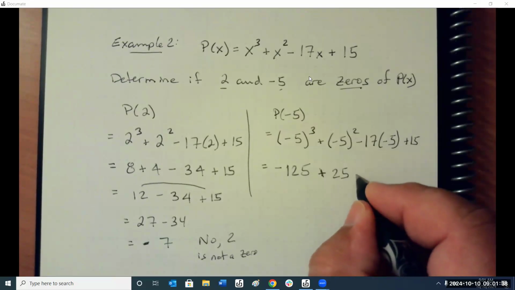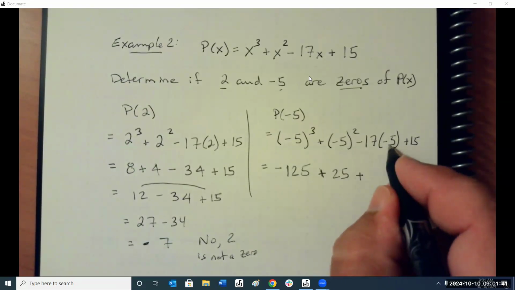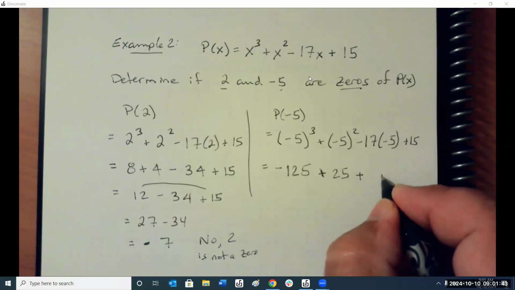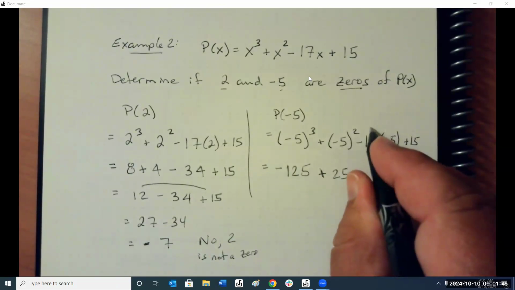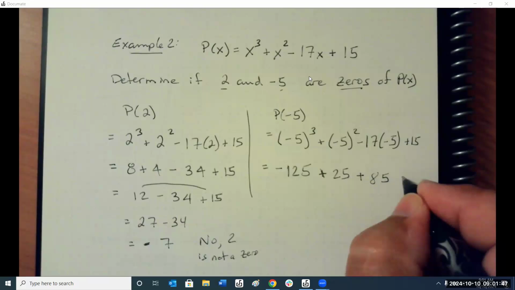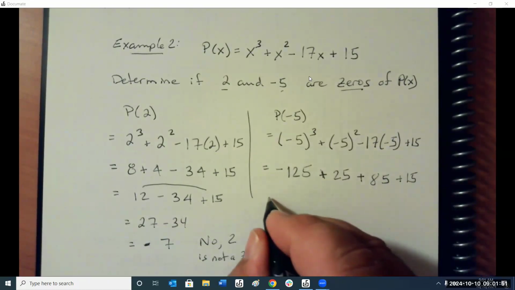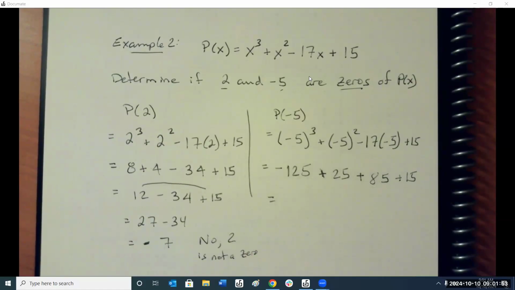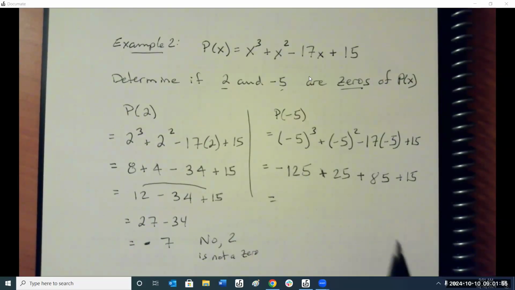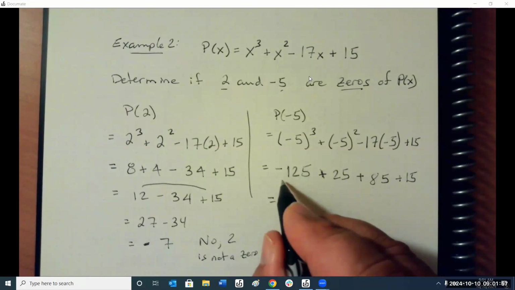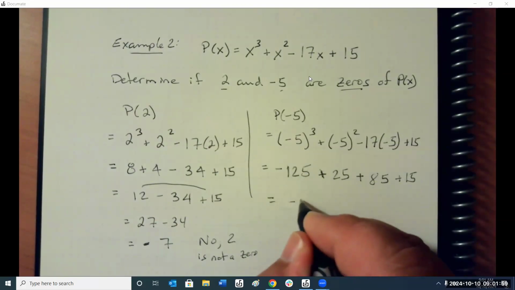Negative times negative is a positive. 17 times 5 is 85, plus 15. Negative 125 plus 25 is negative 100.